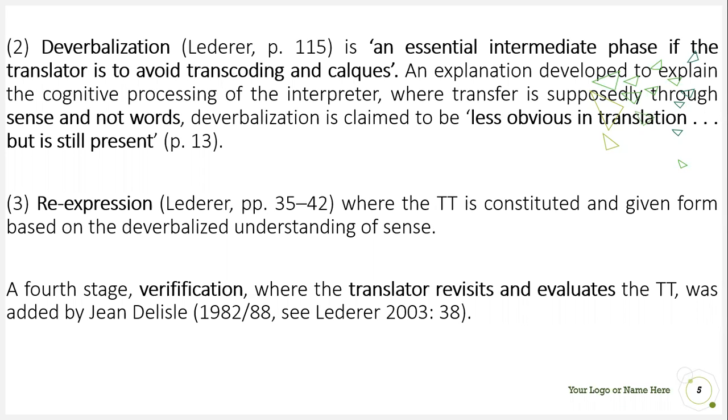In verification, we go back to our target text, that means my translation work. I will revisit and reevaluate whether it's okay or not. Then I will compare it with the original text and finalize the work. Understood? That is verification. You will reconsider your text to judge whether it is okay or not. So in a sense, verification is when we try to correct or edit our whole work.